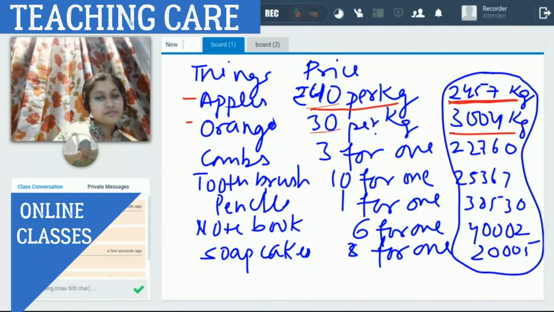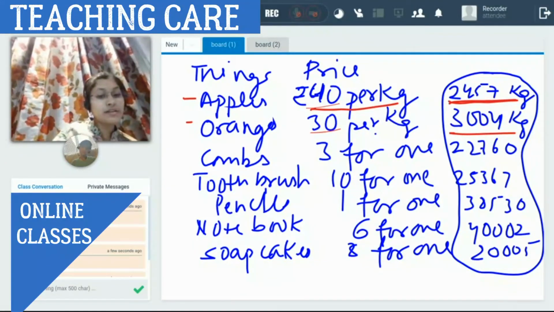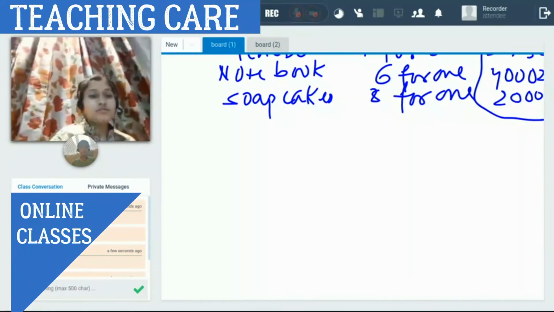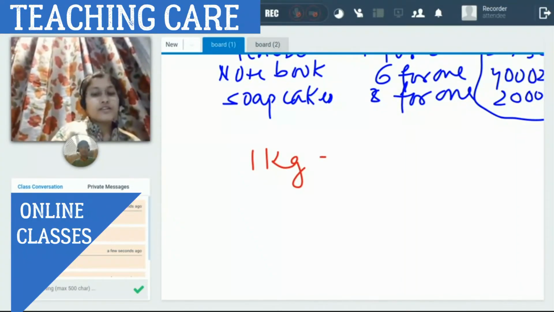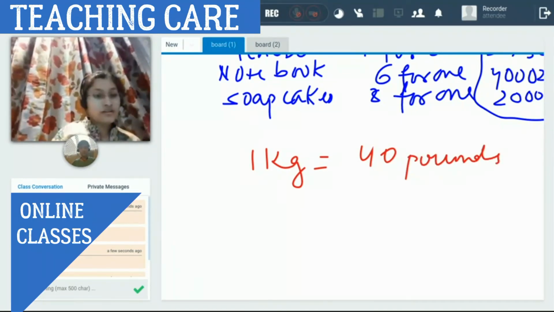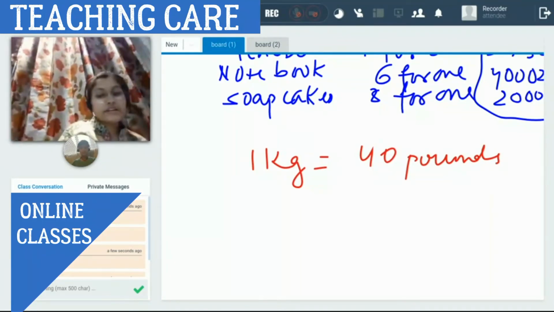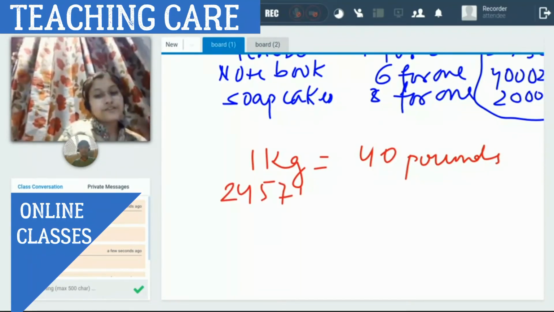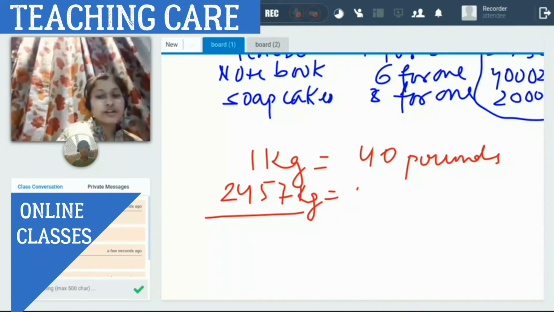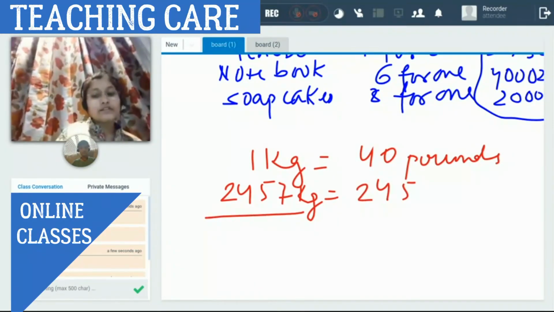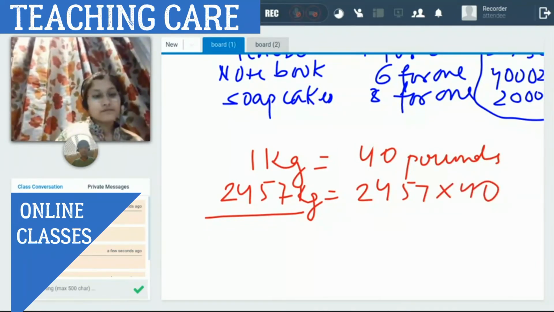We multiply them, because for 1 kg they have given you 40 pounds, and the total quantity is 2457 kgs. So for finding the cost of 2457 kgs, what will I do?